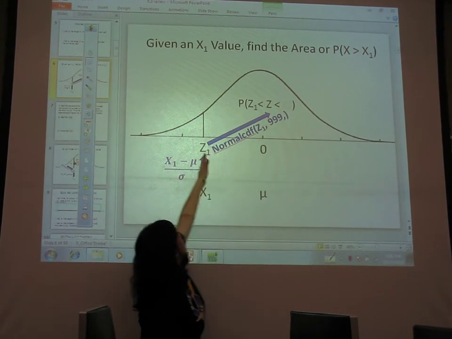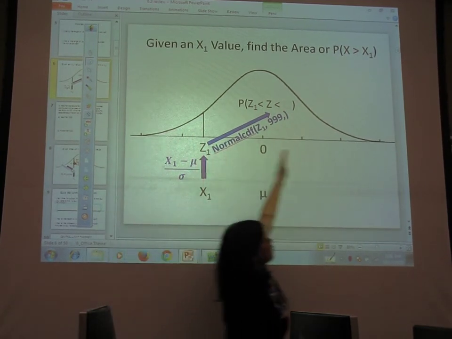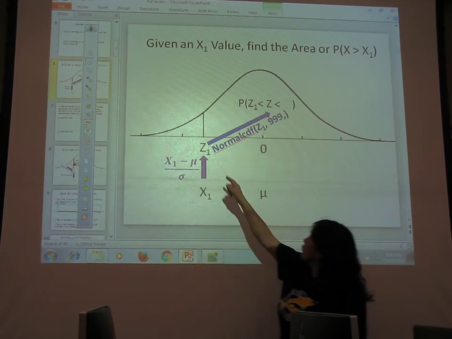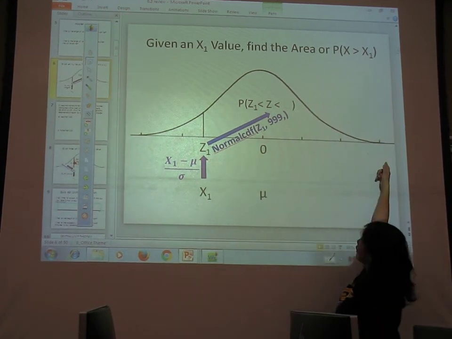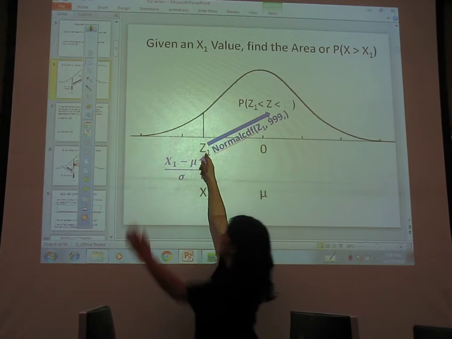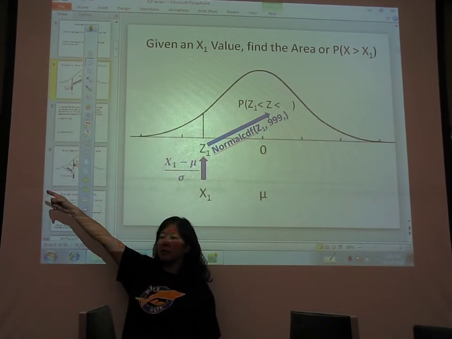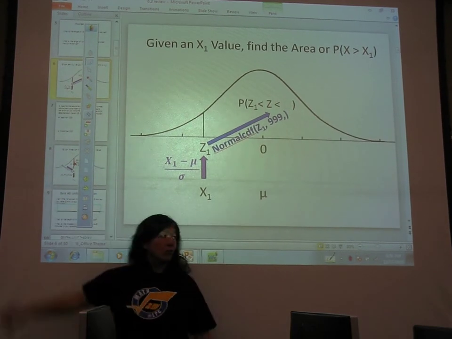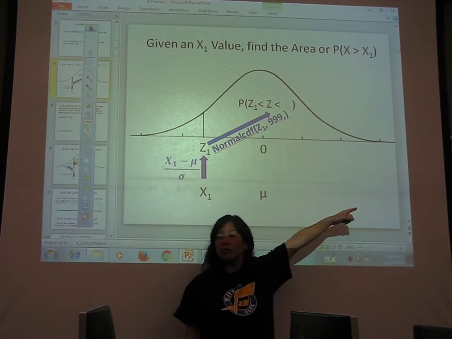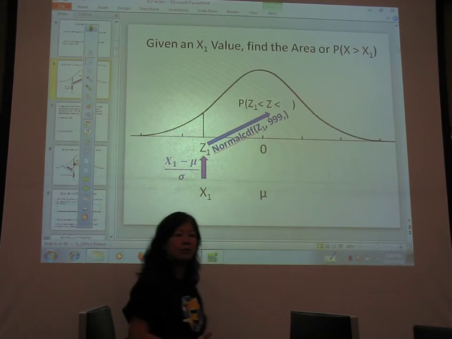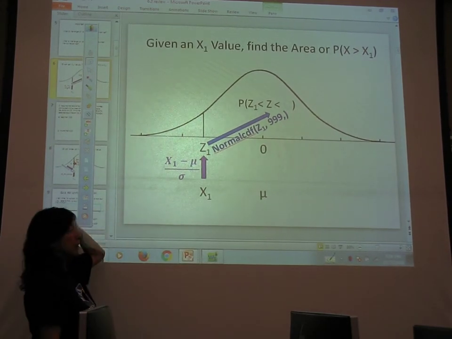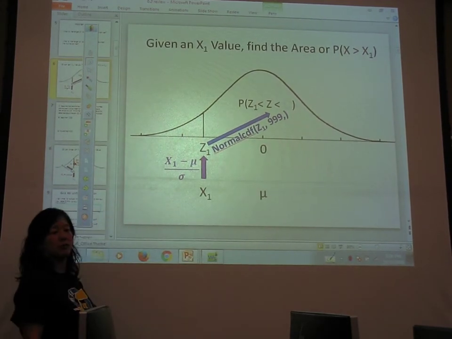If I wanted to know this one and above, I put in from this z-score to there. If I wanted to know below, I put in from there to this z-score. What's the z-score way over that way? Negative 99999. What's the z-score way over there? Positive 99999. So put in the left z-score, comma, the right z-score. That'll give you the area.